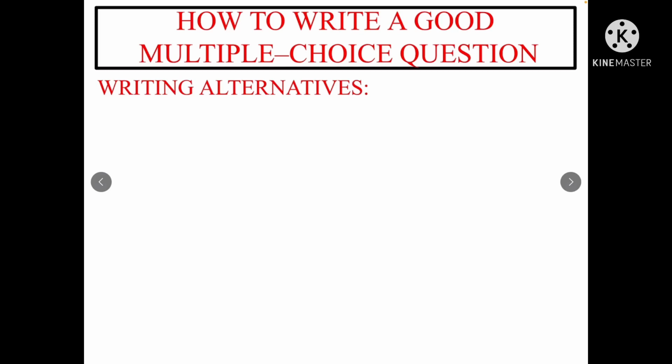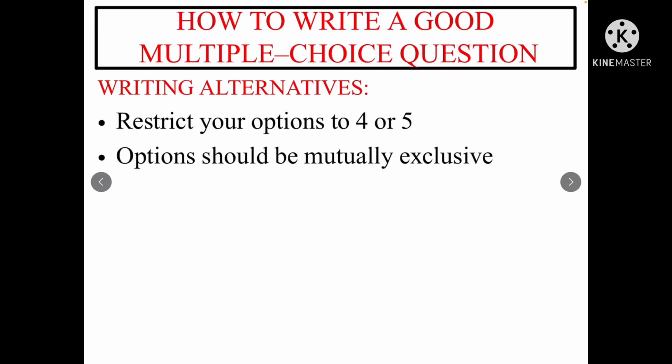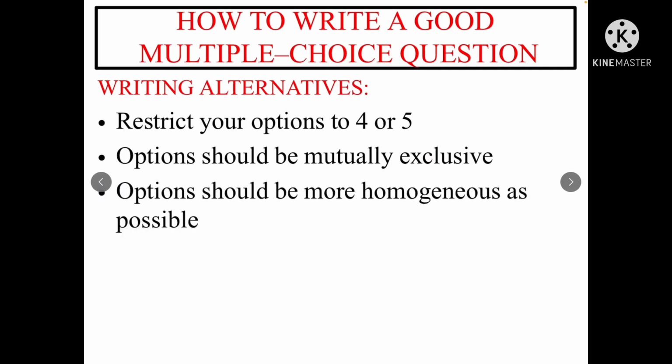The main points we should focus on while writing the alternatives are: restrict your options to 4 or 5. Don't give so many options to the students. Options should be mutually exclusive. We all know mutually exclusive means two events that cannot happen simultaneously. Next is options should be as homogeneous as possible. We should give homogeneous options to the students.